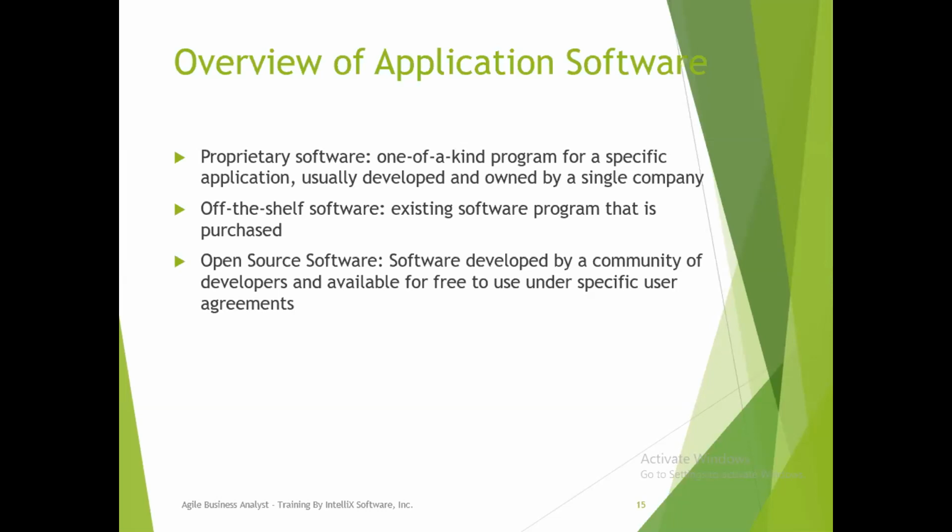When you look into traditional application software, it is categorized into three different categories. The first is known as proprietary software. This is typically one-of-a-kind software that is designed specifically by a given company and owned by that company only.